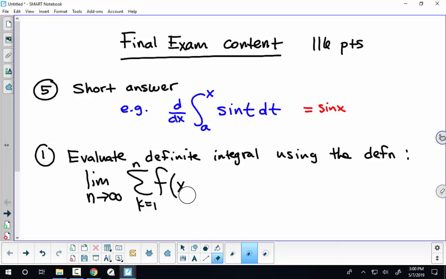So we use this one. Our x star was the right Riemann sum, so that was a plus k delta x times delta x. What would be pretty simple where we can do like k equals n plus n, whatever. Do you know what I'm talking about?